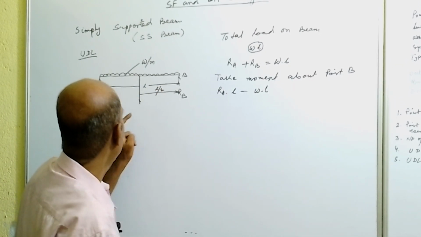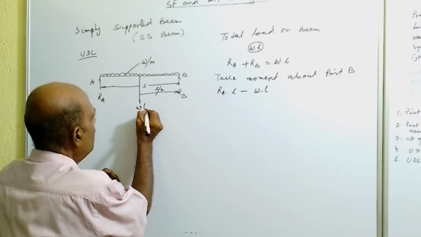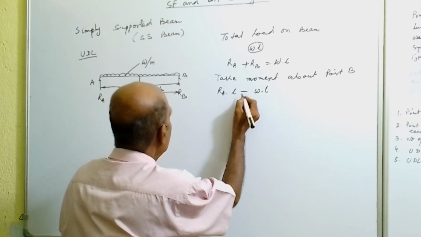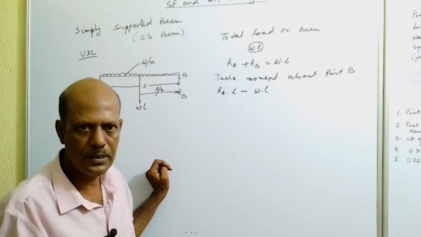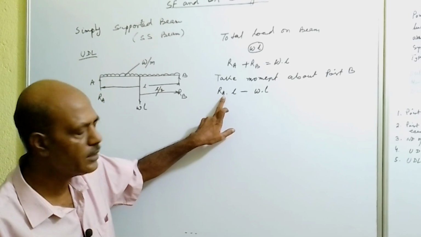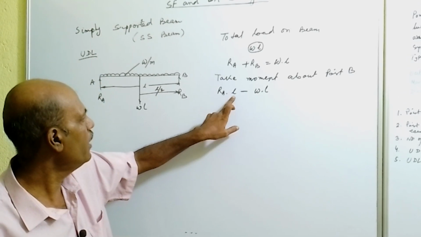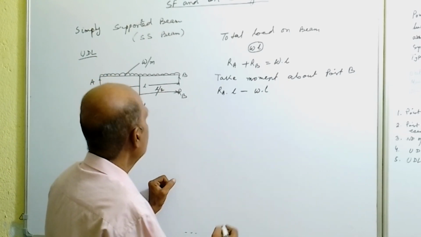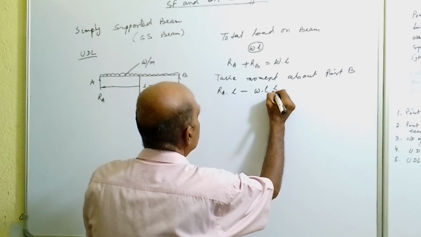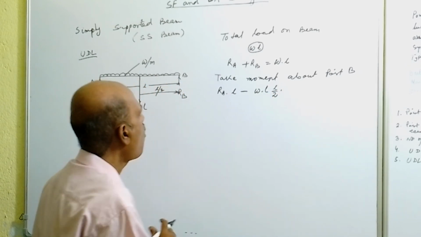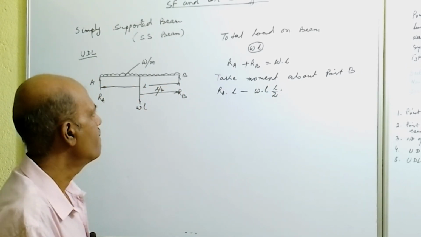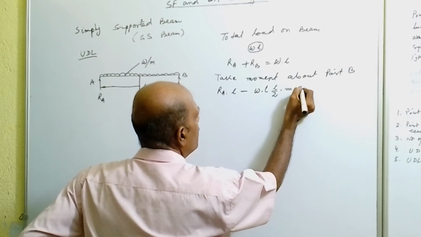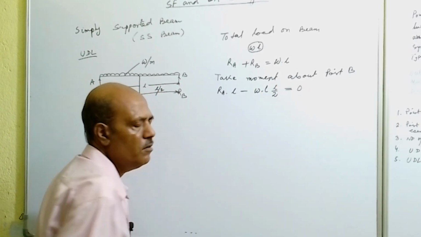So this W into L will give a moment that is negative because it is in anti-clockwise sense. RA into L is in clockwise sense, so we have taken it positive: RA into L minus W into L by 2, that will be equal to 0.